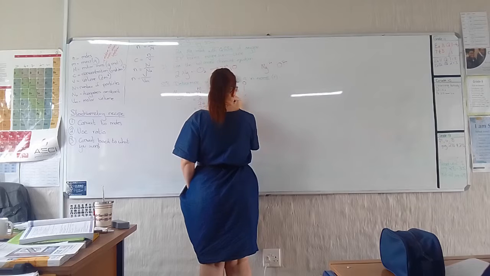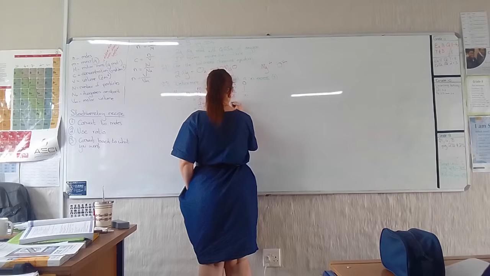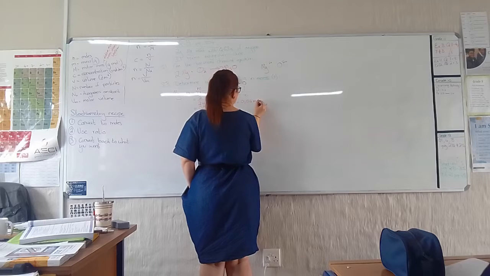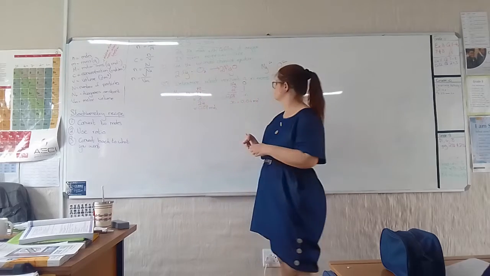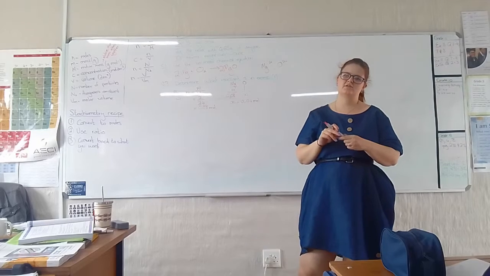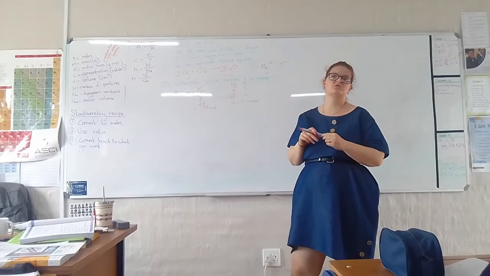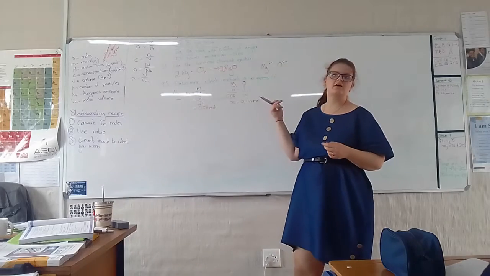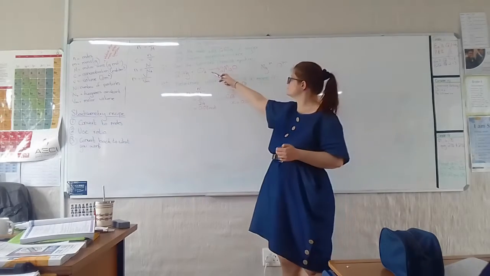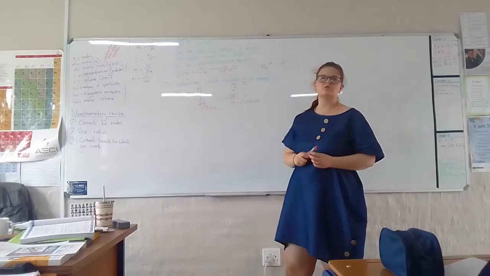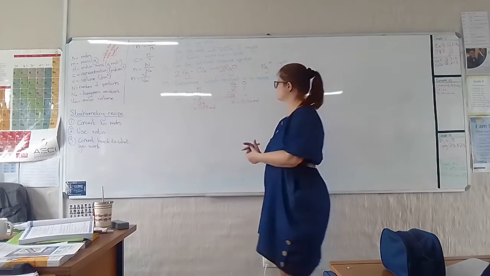So I say 2x is equal to that, which gives me x is equal to 0.04 moles. What's my next step of my stoichiometry recipe? Convert back to what I want. What do I want? Grams. I want to know how many grams of oxygen I was supposed to use.